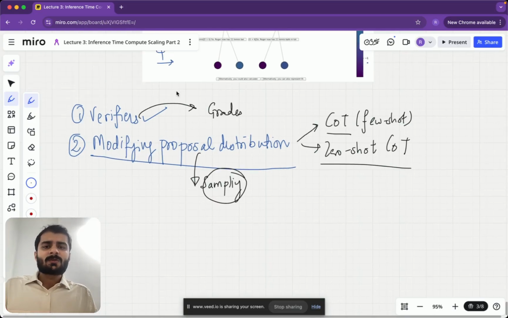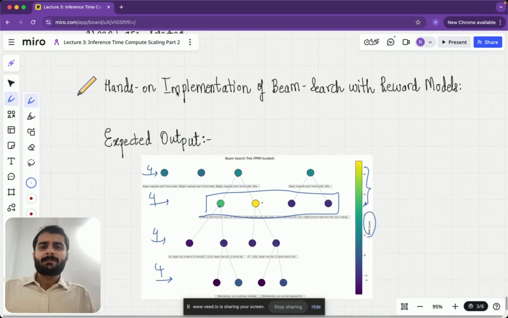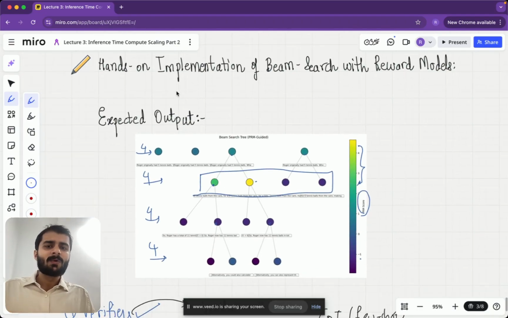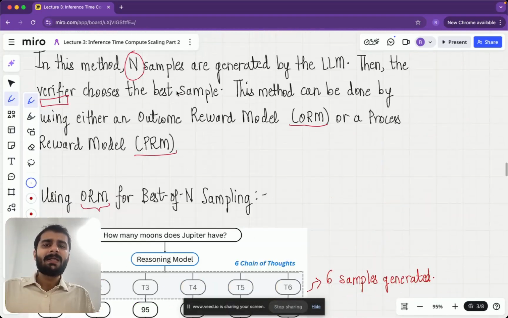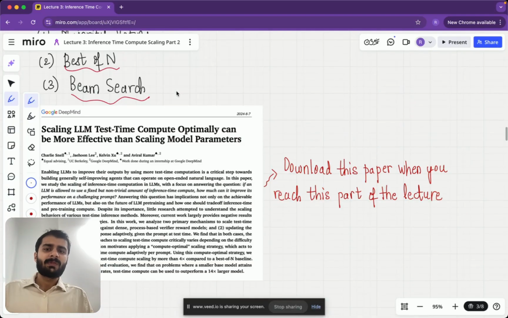Okay, so this brings us to the end of the lecture. I expect all of you to implement this Google Colab notebook, and I expect all of you to download and start reading this paper also. This paper will strengthen your knowledge of inference time compute scaling, and it will act as an effective culmination of the first three lectures that we have seen so far.